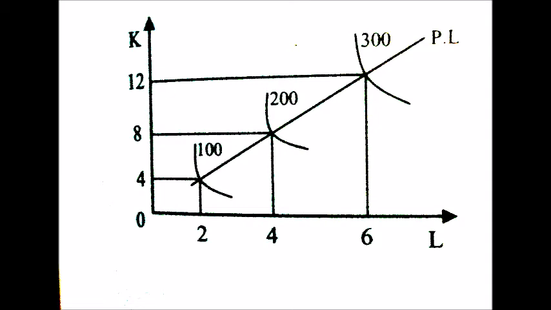Again, when K and L are increased by 50%, K is 8 to 12 and L is 4 to 6. Output rises by the same percentage, that is 50%, from 200 to 300. Since the percentage increase in scale is equal to the percentage increase in output, the firm experiences constant returns to scale.